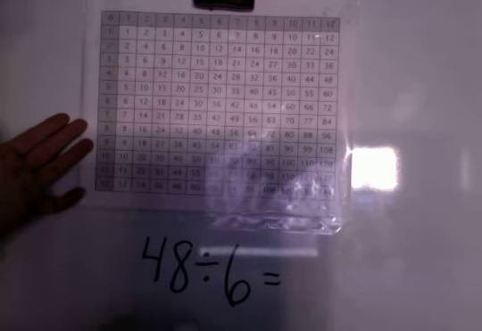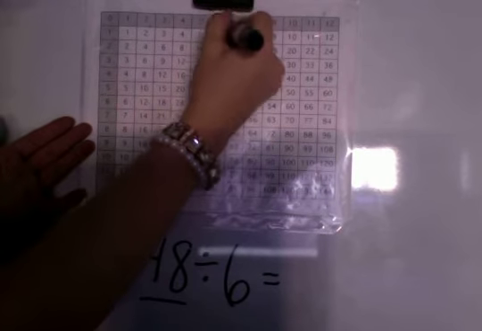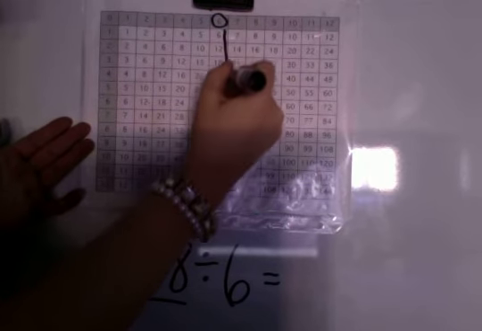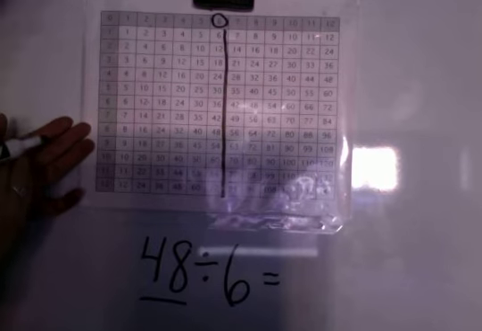So in here, on the white numbers, I'm looking for the number 48. But I'm looking for it in my 6 column. So here's my 6 column. Find your 6 and circle it. So in this column, I am looking for the number 48.